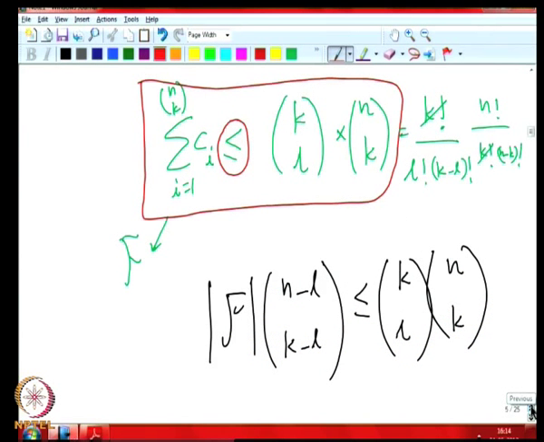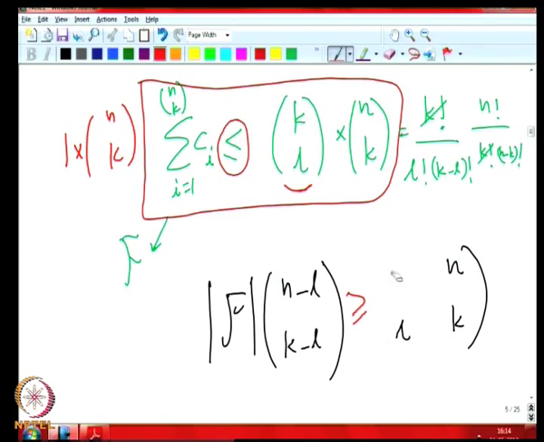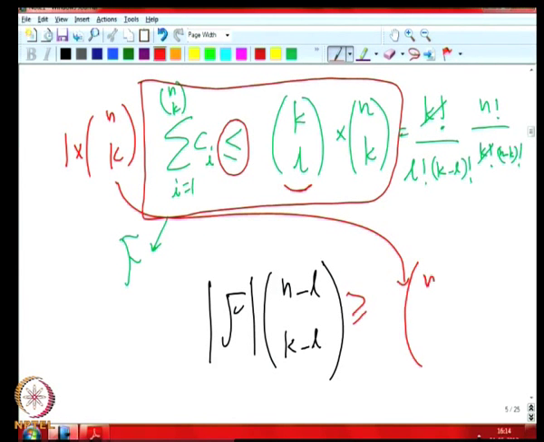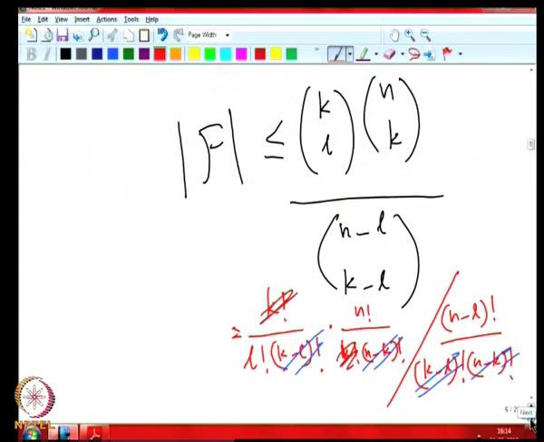Here where we have taken K minus L, we will just put 1 into N choose K as a lower bound. So here we want greater than or equal to, right, 1 into N choose K, which is just N choose K.